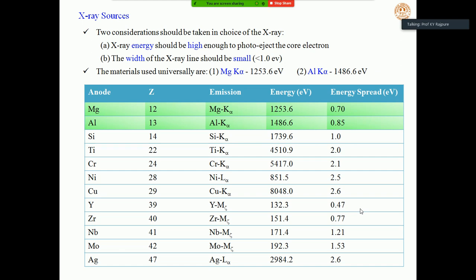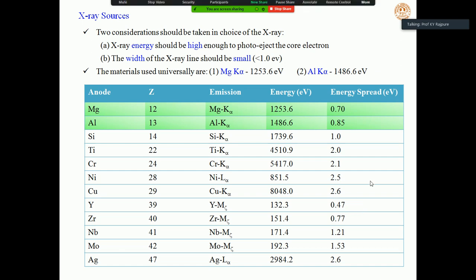You can use the crystal oscillator, or you can use the crystal having a single d, so that 2d sin theta is equal to n lambda. At one particular theta you get the radiation having one particular wavelength, or you can use filters, many things you can do. So monochromatic radiation is needed.